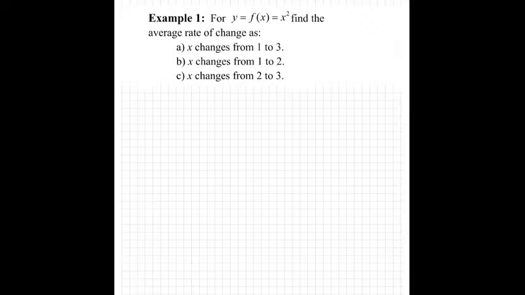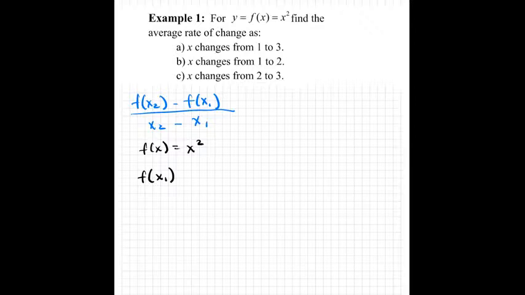Okay, so we just said that the average rate of change is going to be change in y over change in x, so that's f of x2 minus f of x1 over x2 minus x1, right? So let's get the ordered pairs. If we're dealing with f of x equals x squared, then let's do f of x1.